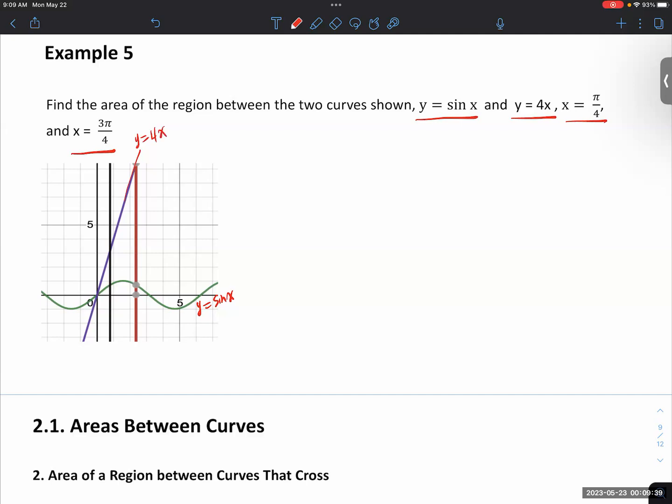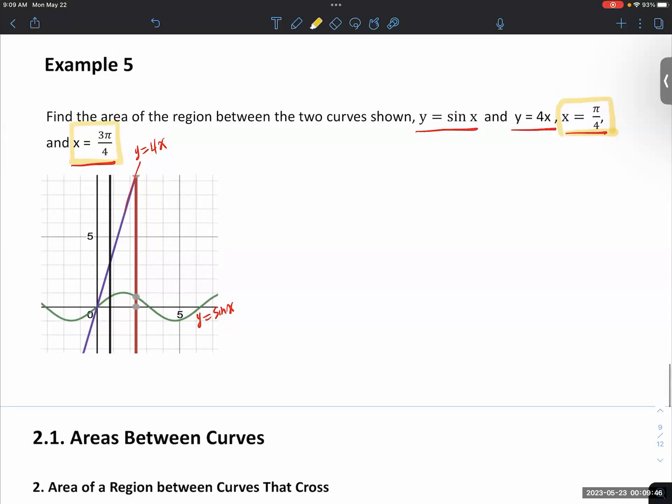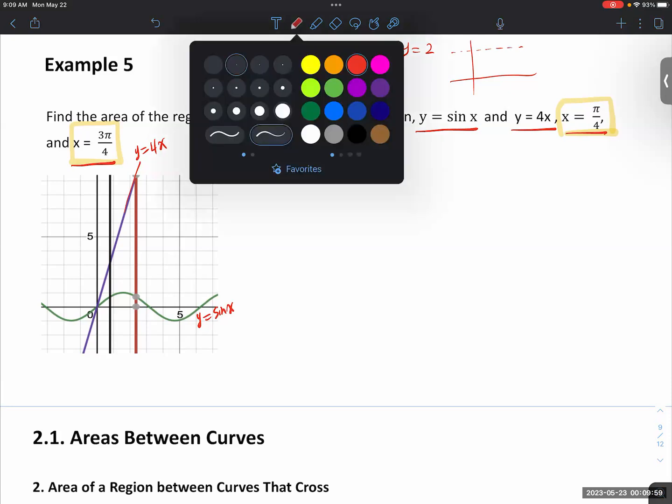And then remember, x equal to pi over 4, x equal to 3 pi over 4. This is a vertical. Do you remember? X equal to 2, graph it. It's going to be the vertical. Y equal to 2 is a horizontal line. So x equal to pi over 4, actually we are already here.